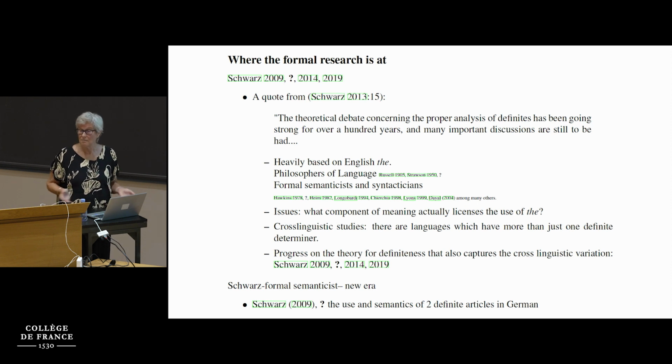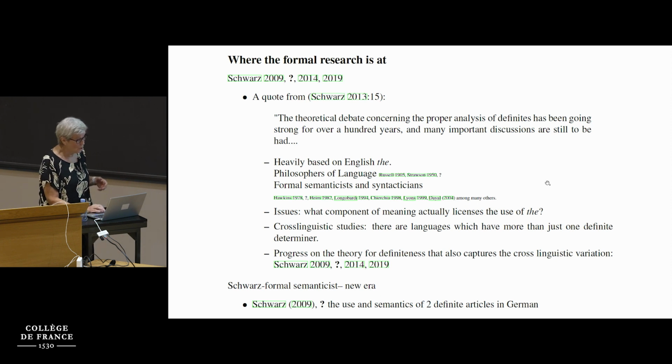Okay? The whole literature, which is really huge, is heavily based on English, just because of the philosophers of language who worked on this and were reacting and talking to each other and making progress. So here we have the philosophers of language, and we have formal semanticists and syntacticians.